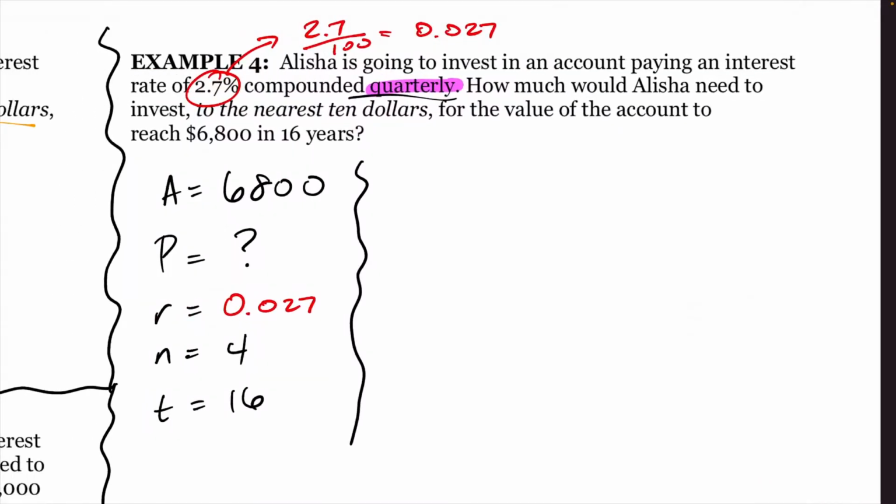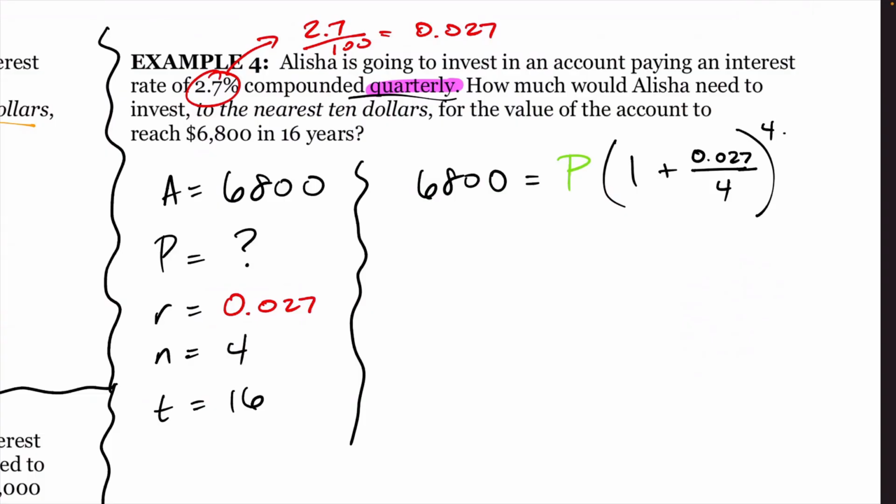So then we go to our equation: 6,800. We don't know what P is. 1 plus 0.027 divided by 4 to the n times t power. Okay.